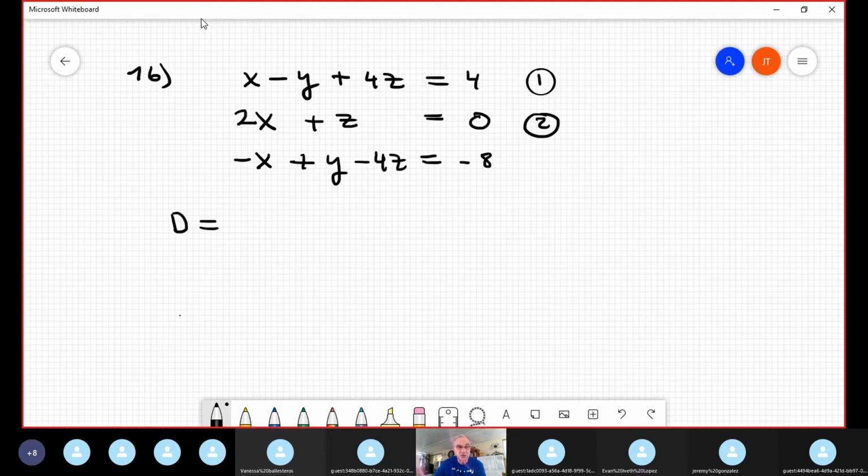D, dx, dy, dz. But I want to compute first of all d. It is 1, negative 1, 4; 2, 0, 1; negative 1, 1, and negative 4.